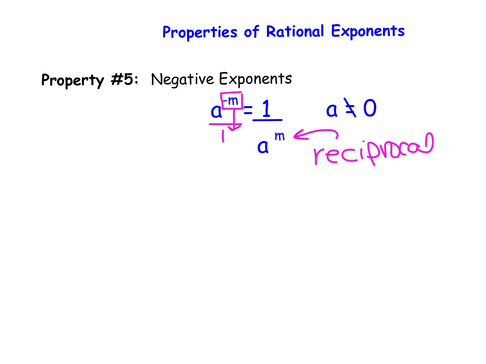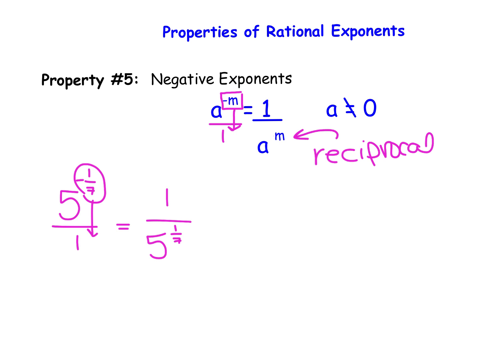So to give you a couple of more real-life examples, say we had 5 to the power of negative 1/7. In order to turn this into something with a positive exponent, we flip it to its reciprocal, which in this case becomes 5 to the power of positive 1/7 in the denominator, and then we have to put something in the numerator, so we have a 1.